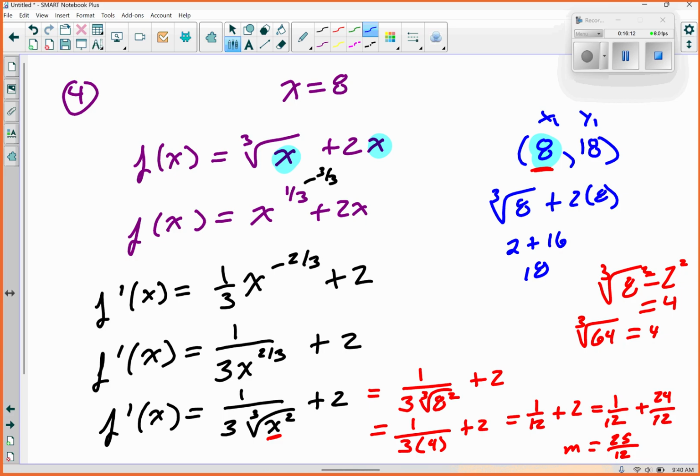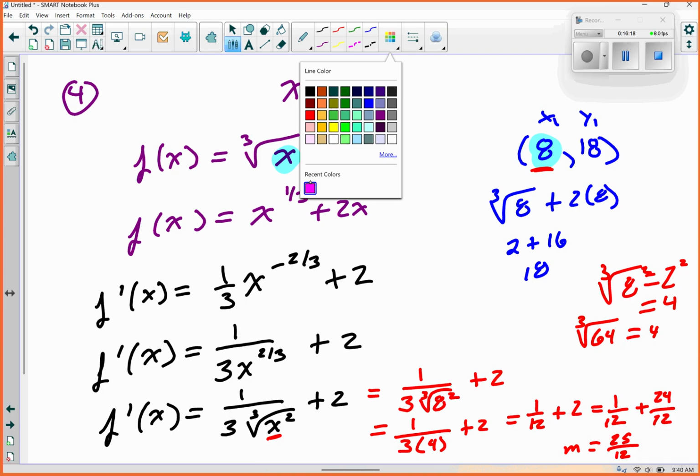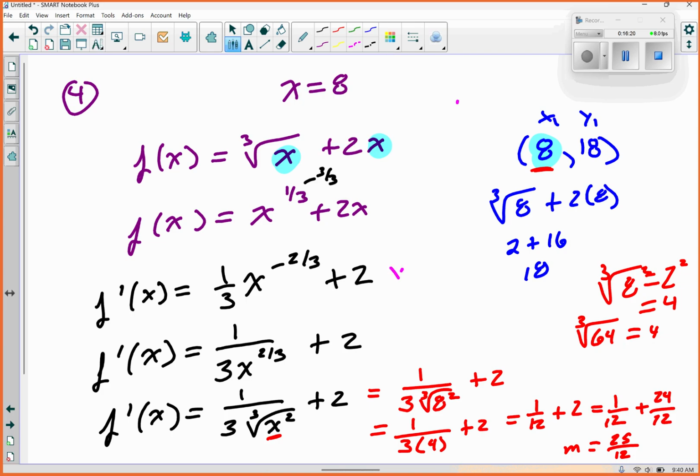Yeesh. So then I plug into this. So I get y minus 18 equals 25/12 times x minus 8.